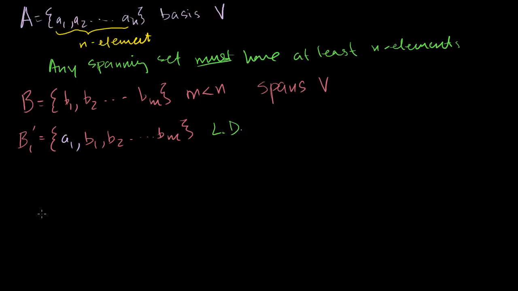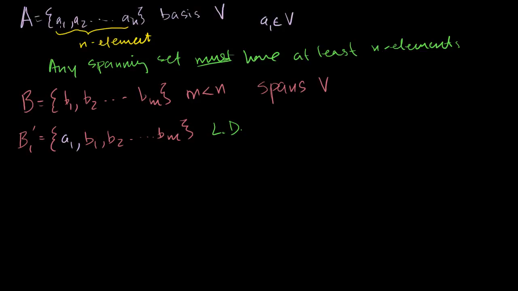How do I know that? Linear dependence means that at least one of the elements of the set can be represented as a linear combination of the others. Well, a1 is one of the basis vectors for V, and all of the basis vectors are members of V. If this set is a basis for V, then it spans V, or every member of V can be represented as a linear combination of these guys.